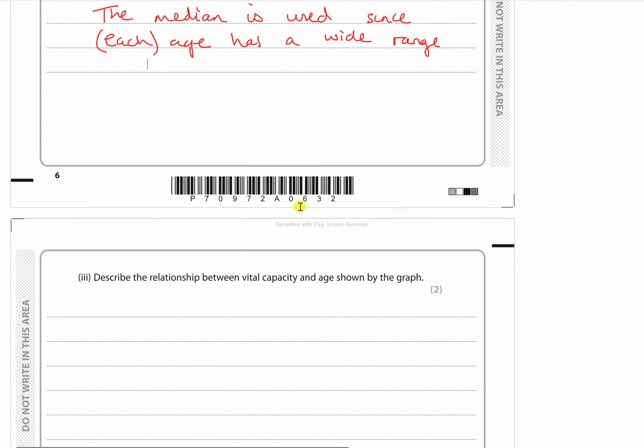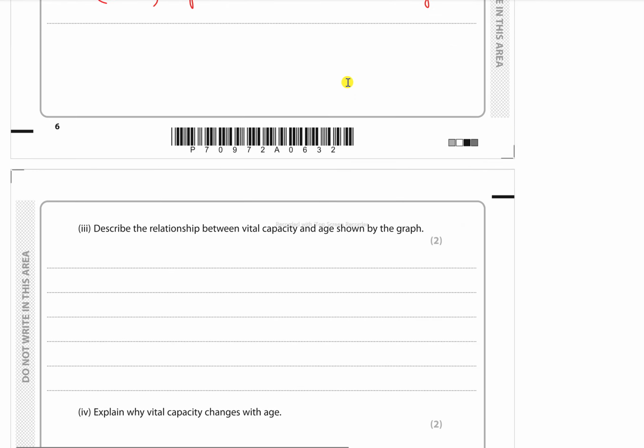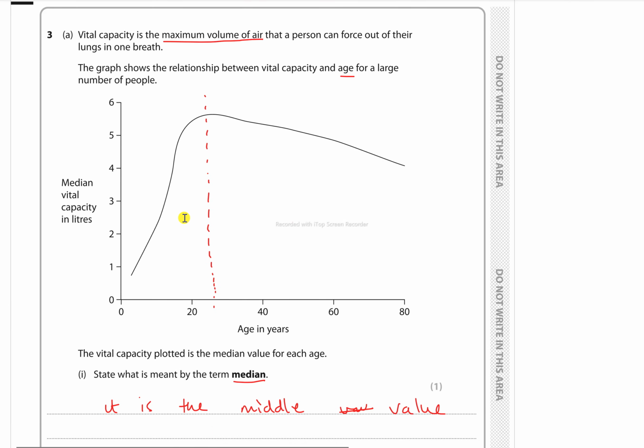Describe the relationship between age and vital capacity. Right, there's 2 marks. Vital capacity increases rapidly up to the age of 20, and then from 20 to 80 it decreases.